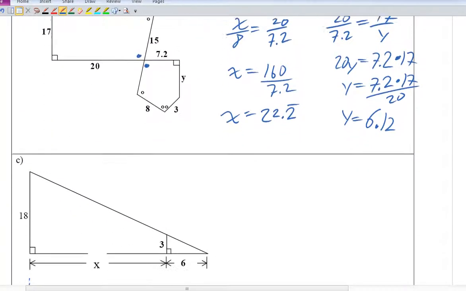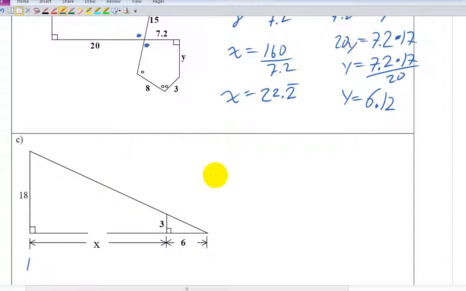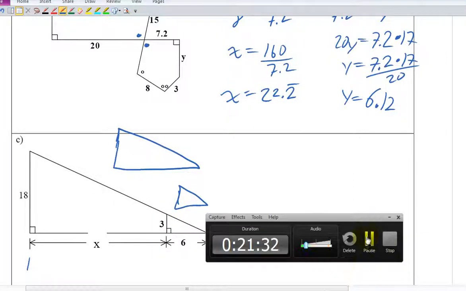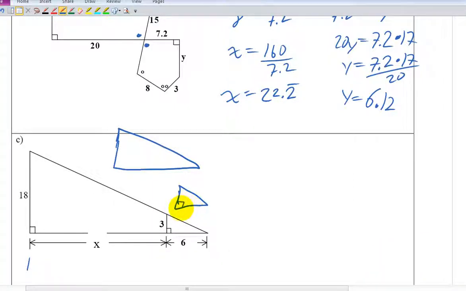Okay, next one. When you get a shape like this, it's helpful to redraw both triangles. So here's your large triangle, and here's your small triangle. Please write the measures on there appropriately, please. Go. Okay, what's the measurement on the large triangle?